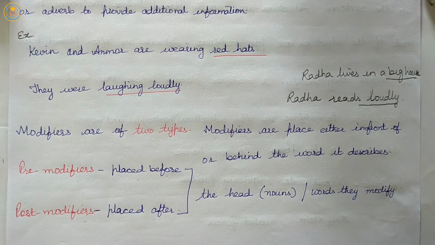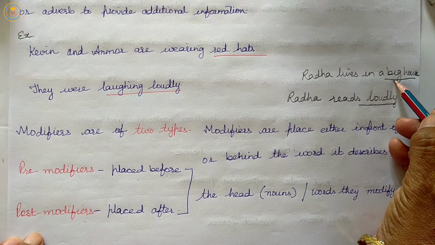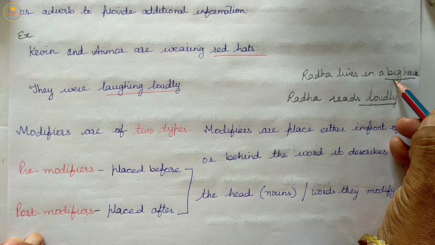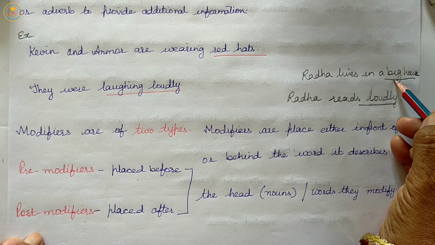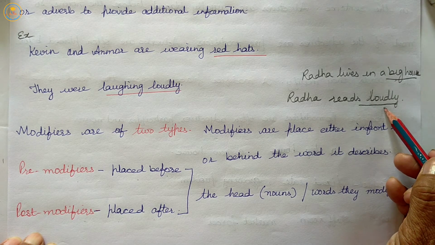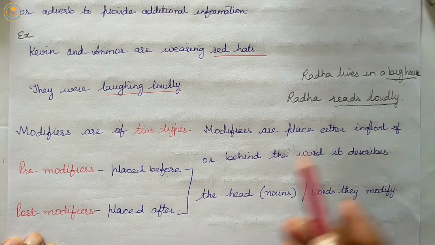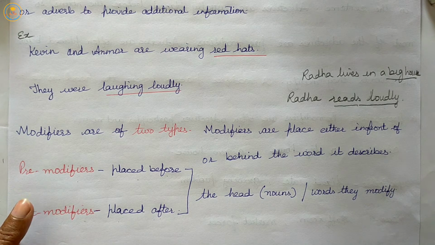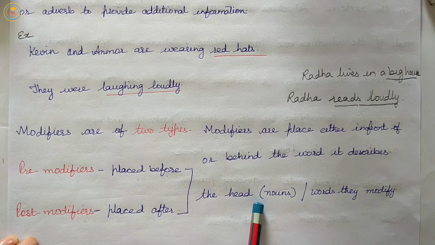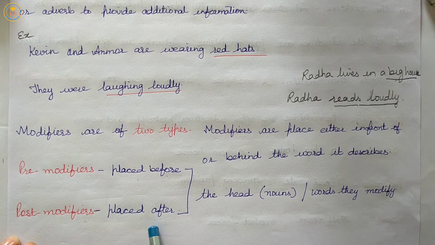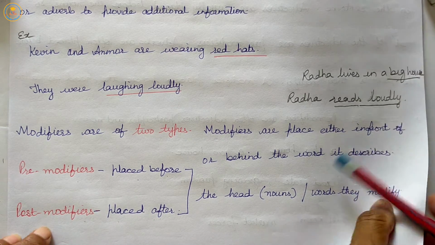So modifiers are of two types, and modifiers are placed either in front of the given word or the noun or the main head that it modifies, or behind the word that it describes. Pre-modifiers are placed before the head or the nouns or the words they modify. Post-modifiers are placed after or behind the head or the nouns or the words they modify.